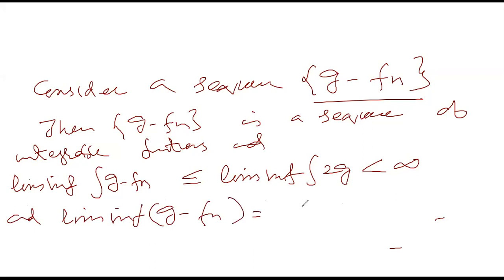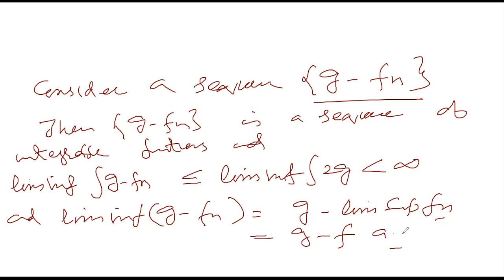It's equal to g minus limit superior of fn, but the limit of fn exists, so limit superior is the same as limit inferior. It's equal to g minus f almost everywhere. This is an integrable function.